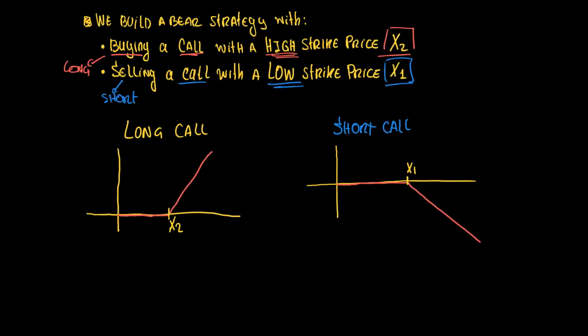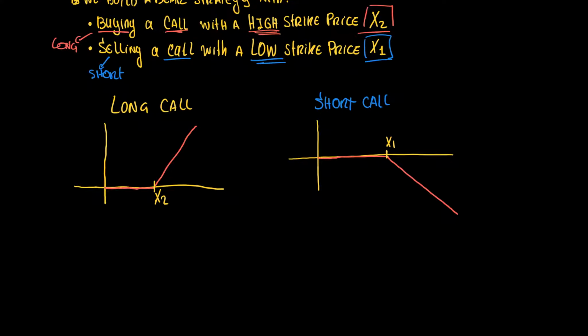If I put these two payoffs together, we will have something like this. We have X2 that is bigger than X1, so we put X1 around here. Let's put X1 in blue.